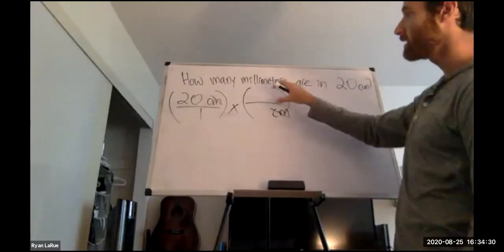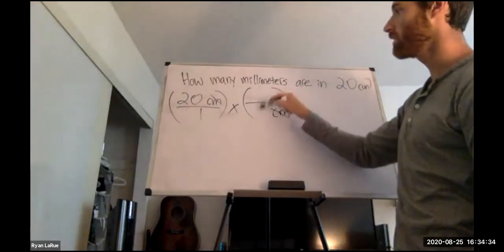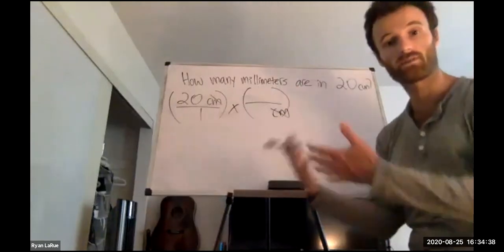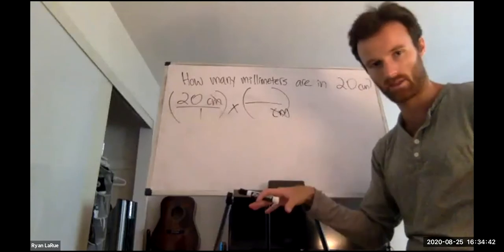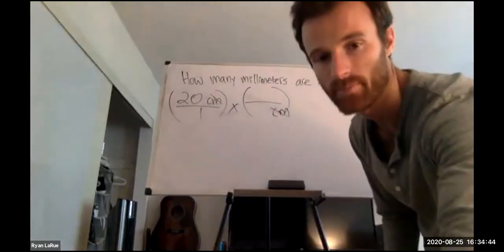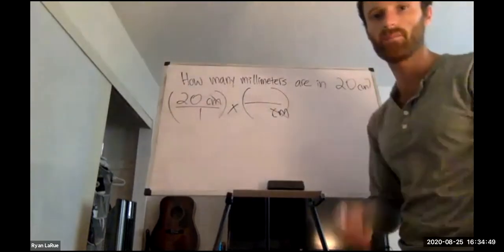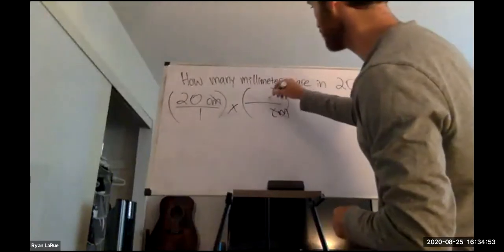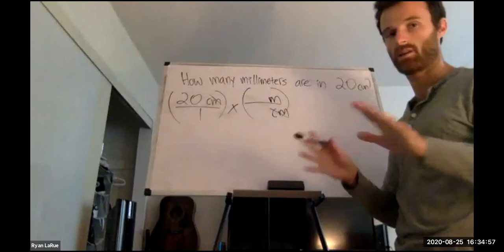But when I set this up, I need to know the conversion factor. What am I going to multiply by? So centimeters, and like I said, we're always going to that base unit. So we're in length. What's the base unit for length? Meter, totally. So let's write m here. So we're going to get to meters first. Like I said, I don't go directly to the unit.